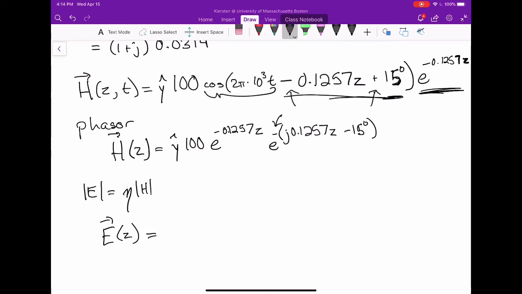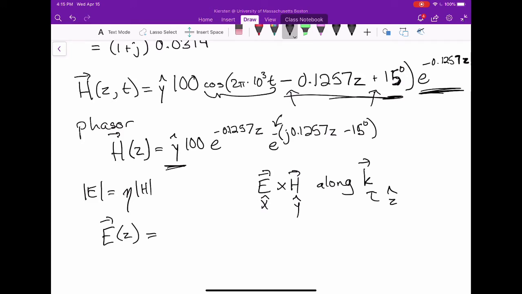If H is in the y direction, we need E cross H to be pointed in the direction of propagation, along k. And the direction of propagation here is z hat. H is y directed, so E must be x directed.